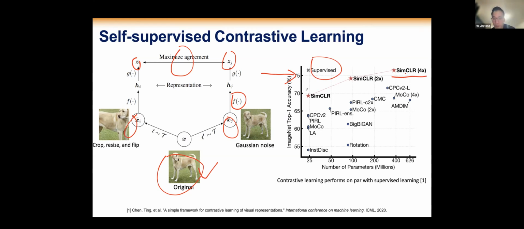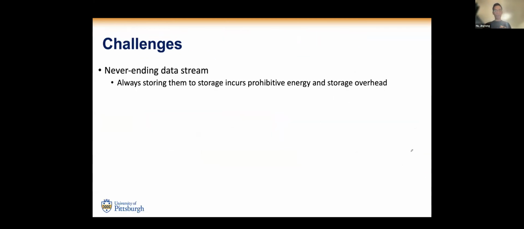But there's a little catch: for supervised learning we only needed about 25 million parameters, but for SimCLR we need a huge number of parameters. And of course, this kind of training is all done offline, in the server. All these images, even though they don't have labels, need to be balanced, which means you probably need the same number of dogs and cats, even though you don't know what they are. The dataset should be evenly balanced.